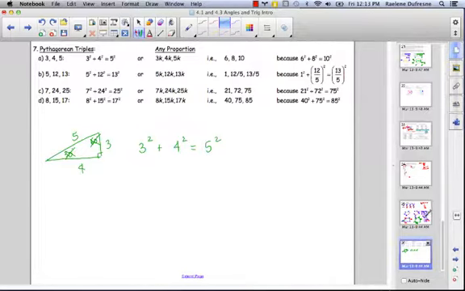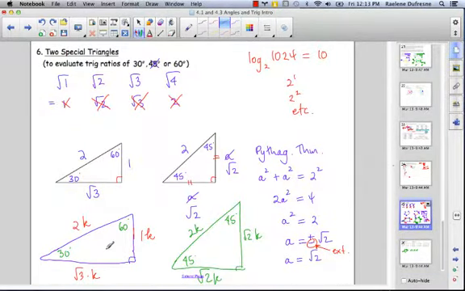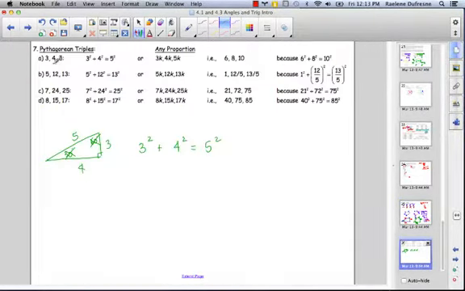These side lengths are not related to the 2 special triangles because they are not in the same proportions of 1, square root 3, and 2. But these are nice, neat whole numbers that do satisfy a squared plus b squared equal to c squared for a right triangle. This is because 9 plus 16 does equal 25.